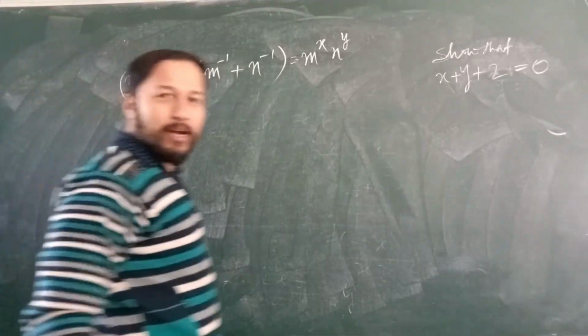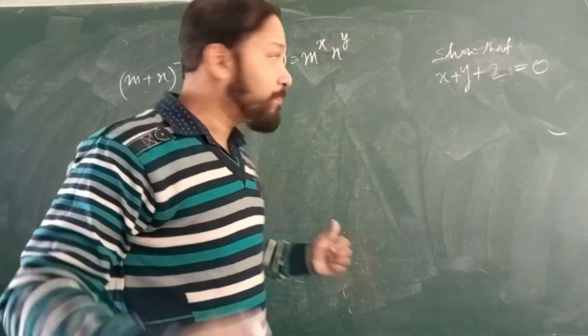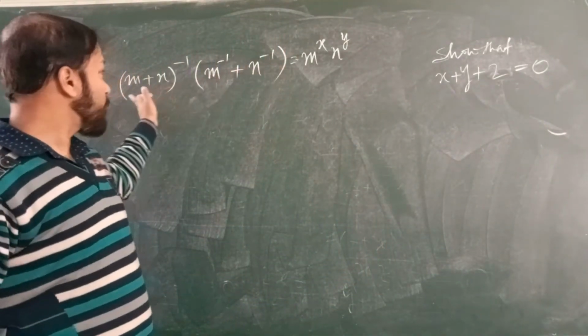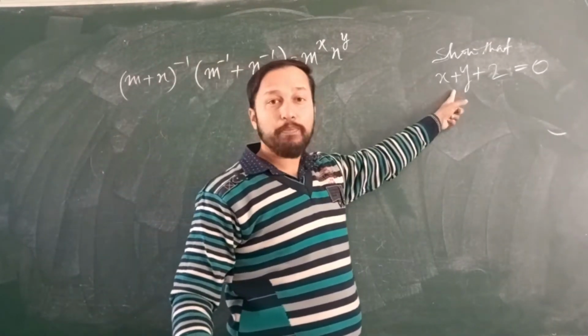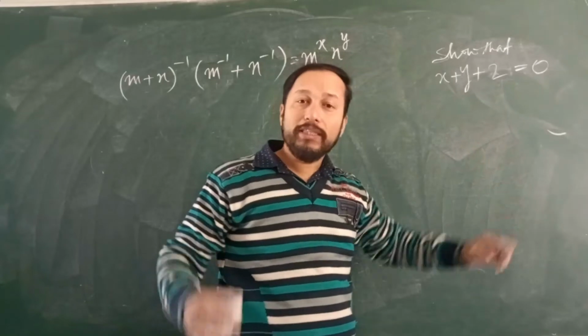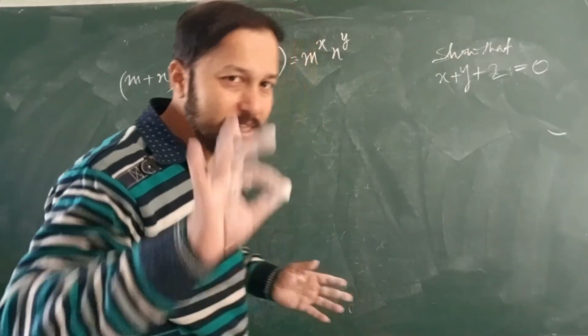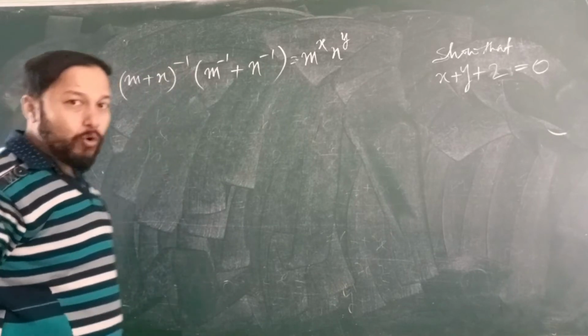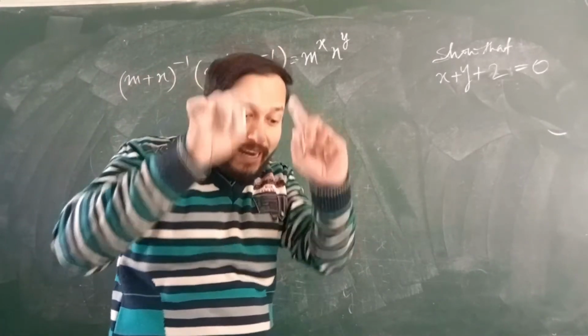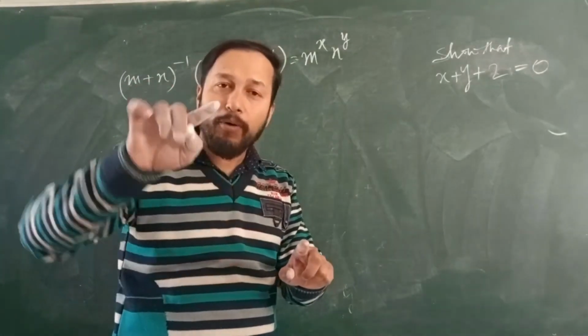Next sum. In this sum, this whole equation is given and we have to show x plus y plus 2 equal to 0. See how. First of all, n plus n to the power minus 1. I told you when the power is minus, we take it down and the power will be positive.